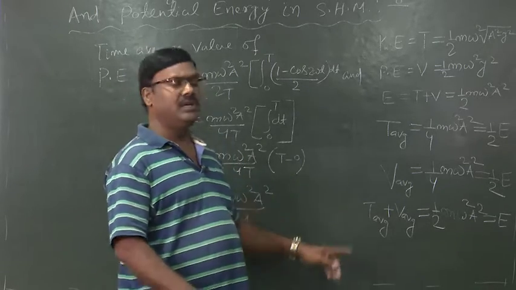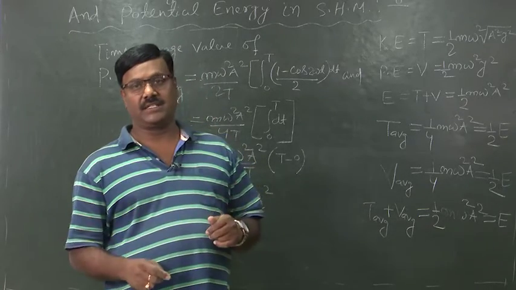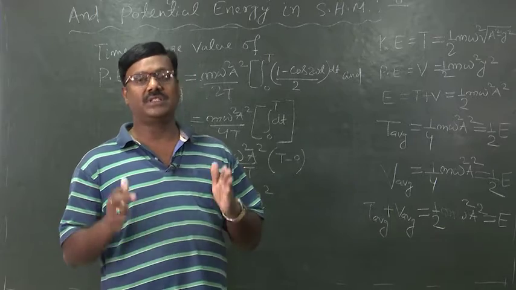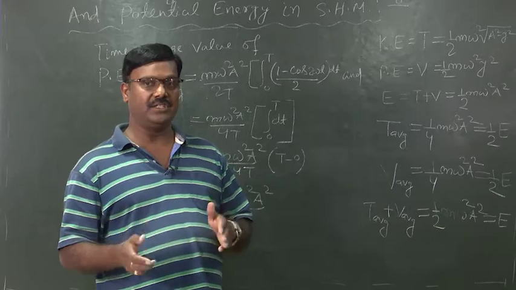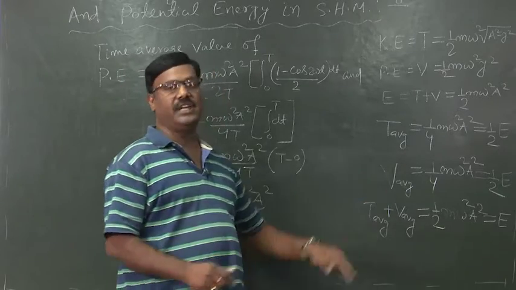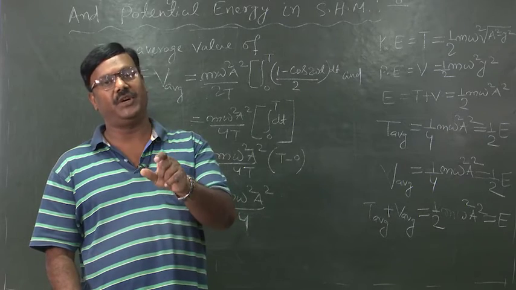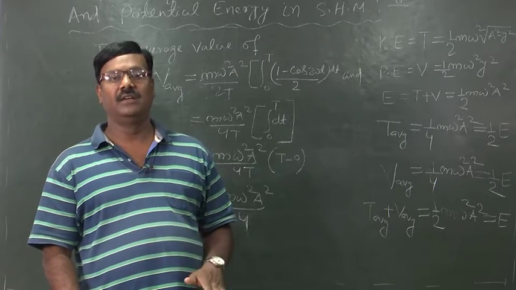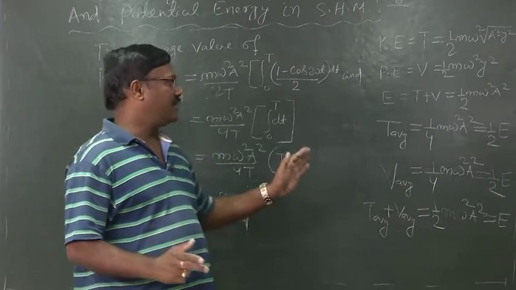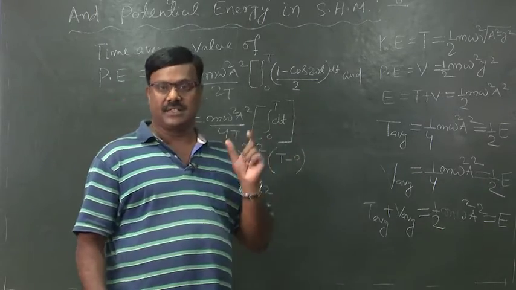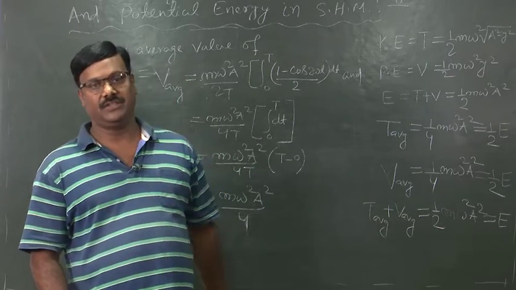Otherwise, this question may also be asked as: show that the sum of the time average values of kinetic energy and potential energy of a body executing in SHM is equal to the total energy of the body. Okay? I hope you have a better understanding of the time average values of kinetic energy and potential energy.